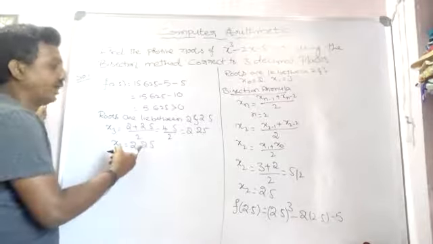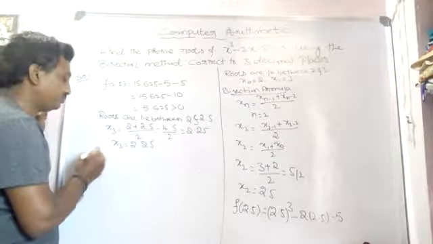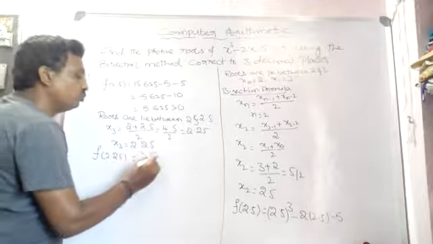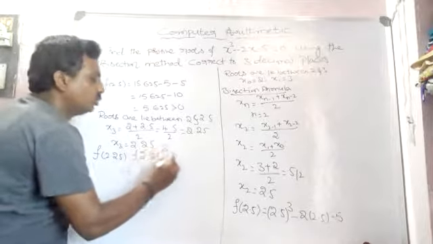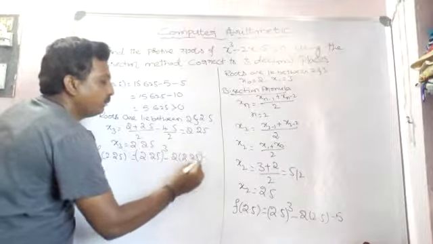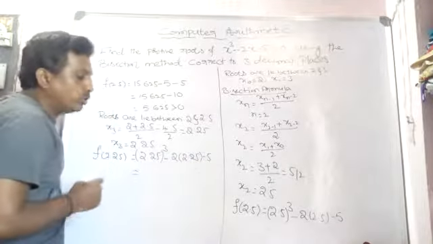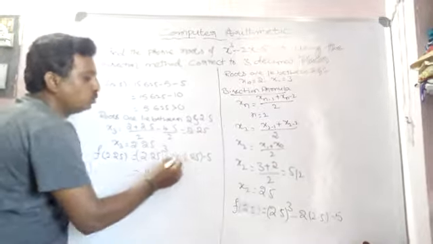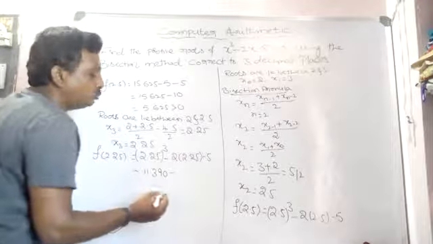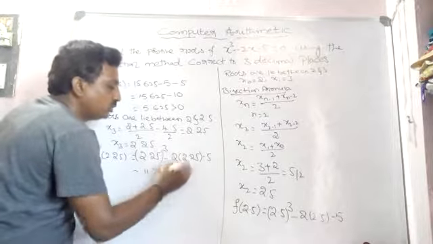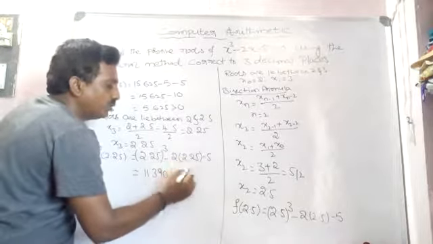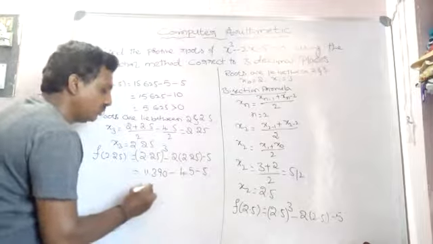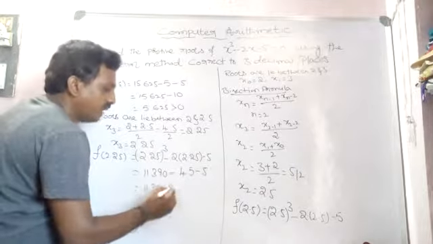This 2.25 you substitute in the equation. f of 2.25 equals 2.25 whole cube minus 2 into 2.25 minus 5. 2.25 whole cube is 11.390, minus 2 into 2.25, that is 4.5, minus 5. That equals 11.39 minus 9.5.